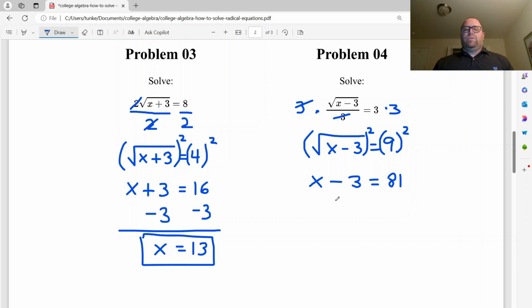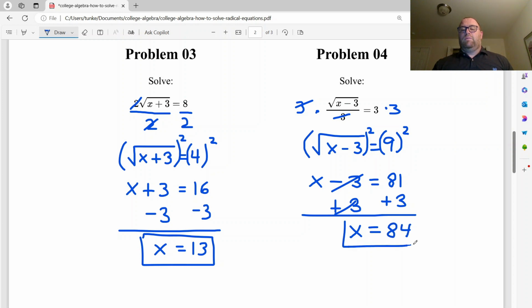Okay, so now I'm going to add 3 to both sides. And these will cancel out. I'm going to be left with x equals 81 plus 3, which is 84. Okay, so that was problem 4.